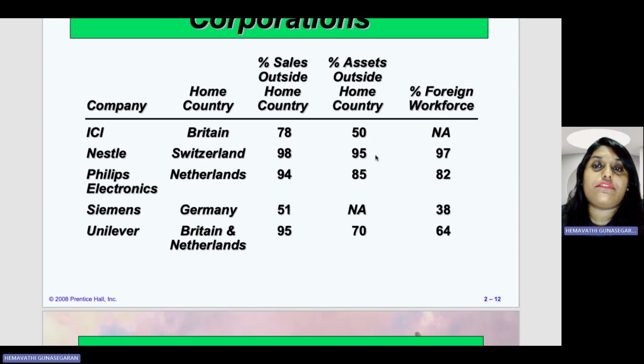And for the percentage of foreign workforce, 97% of Nestle's workforce is from foreign countries. Only 3% is the home country's workforce.